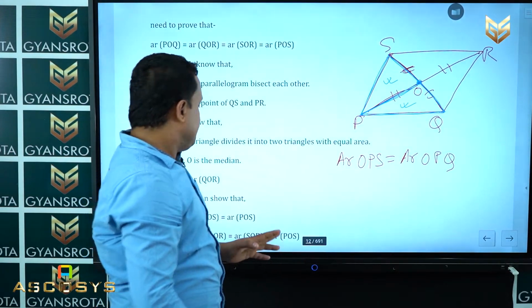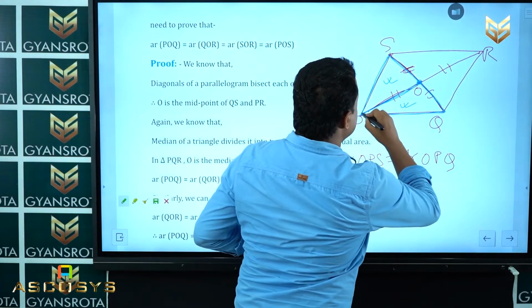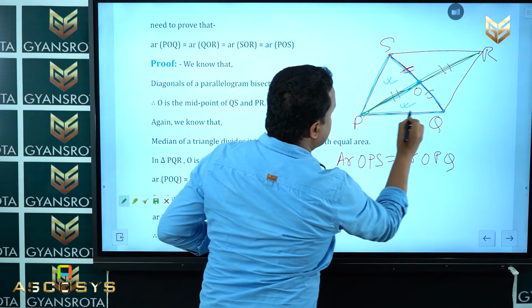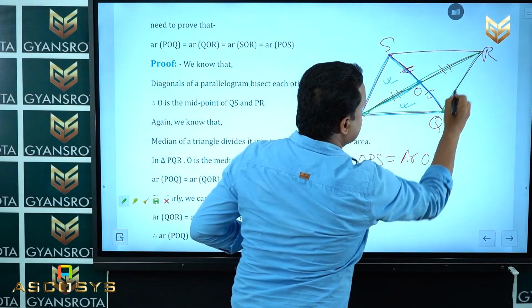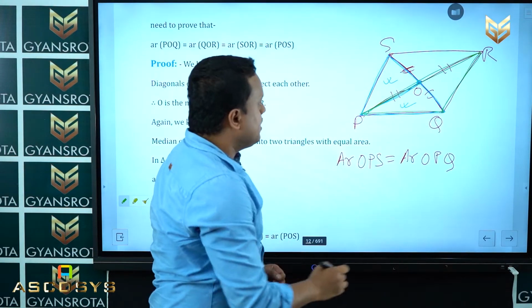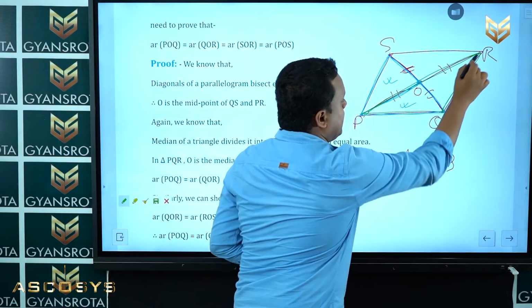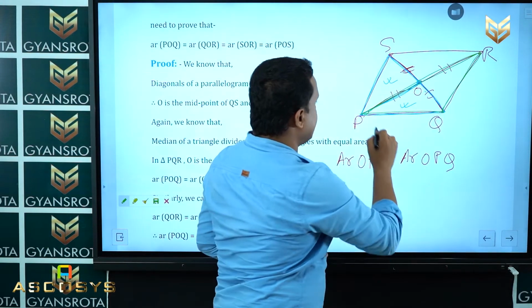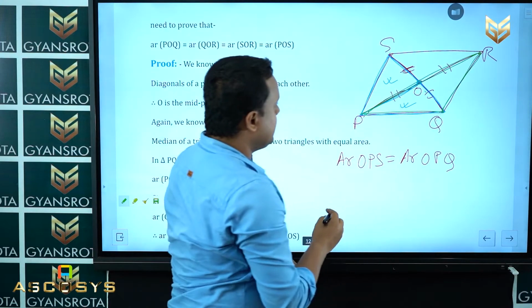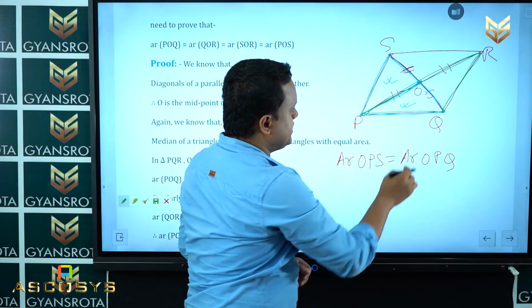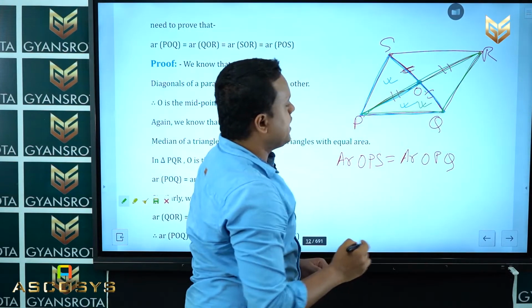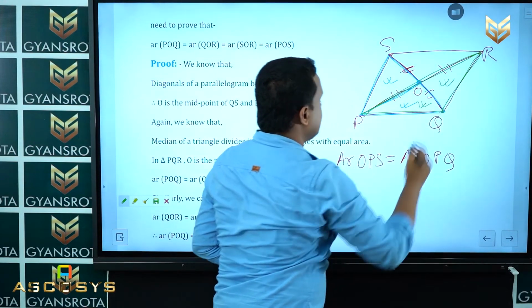Similarly, in this triangle, if we consider this diagonal, O is the midpoint of PR, and OQ is the median of triangle PQR. So in triangle PQR, since OQ is the median, the area of this triangle will equal the area of this triangle.